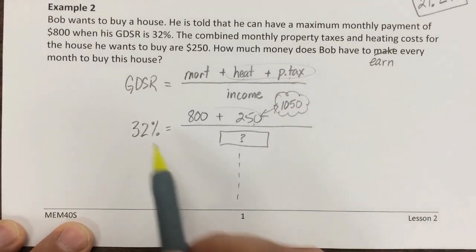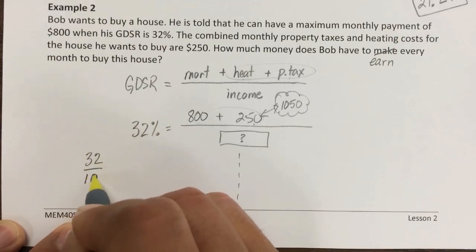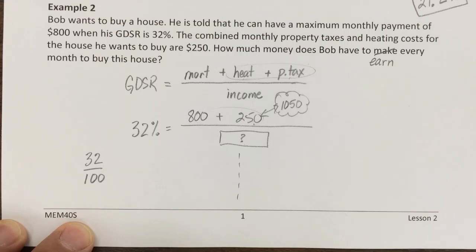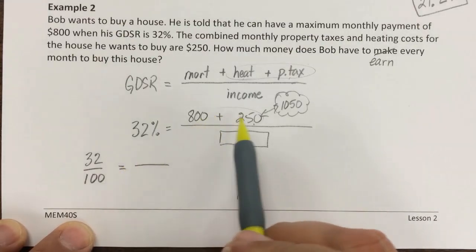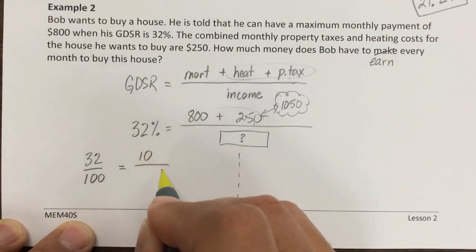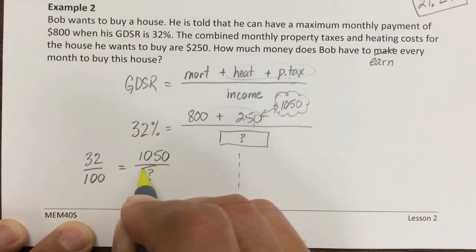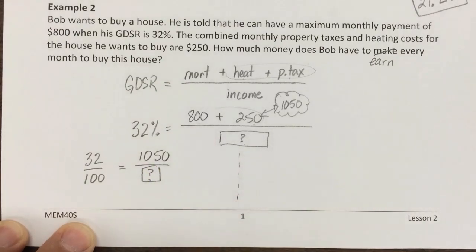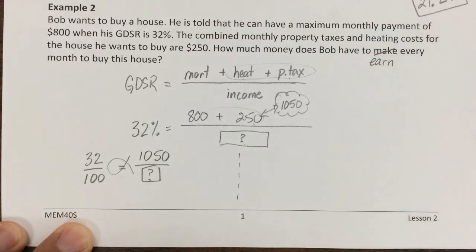32% is the same as saying 32 out of 100, because that's what percent means. So I have a fraction over there, and a fraction over here. The 800 and the 250 added together are 1,050, and my income is on the bottom. For those of you who might have been in my class before, this is called the fish technique, or the cross, multiply, divide.